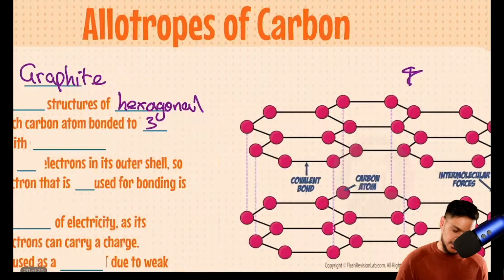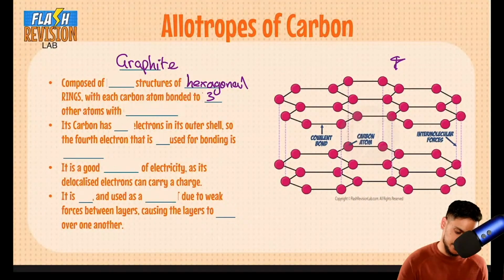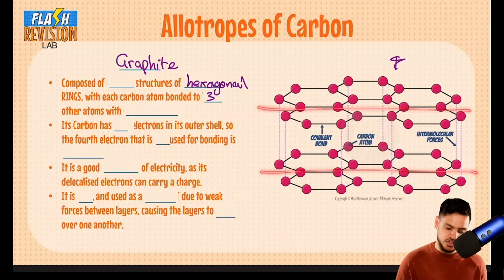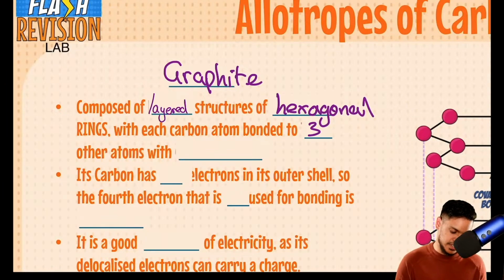The other thing about it is it exists in layers, 1 layer, 2 layers. So it's composed of layered structures of hexagonal rings with each carbon bonded to 3 other carbons with covalent bonds.